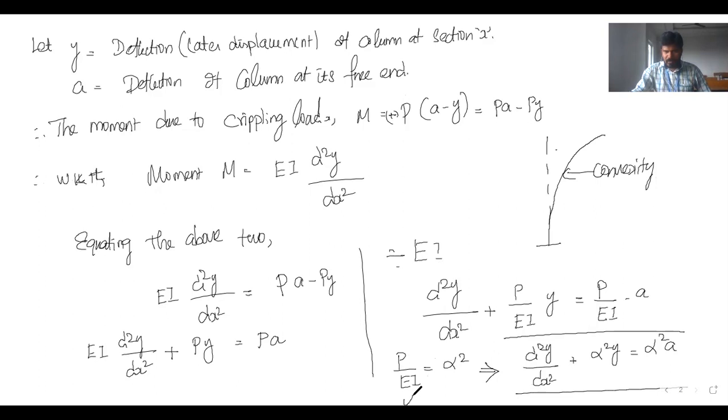So here alpha is nothing but root under P by EI.